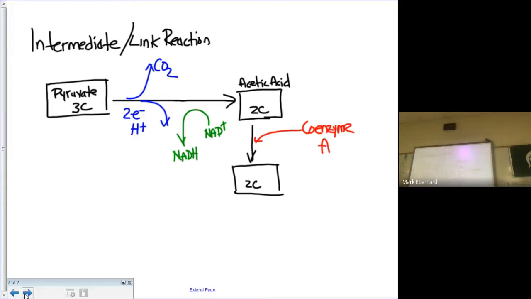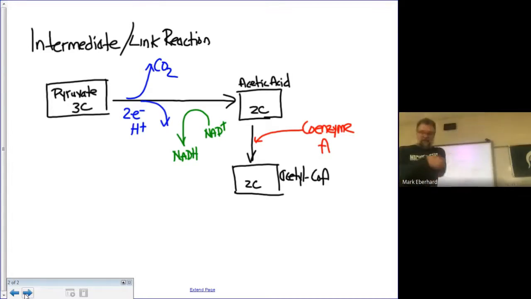And when I add the coenzyme A to the acetic acid, I create a molecule called acetyl-CoA, which is basically acetic acid with coenzyme A attached. So we call it acetyl-CoA, C-O-capital-A, acetyl-CoA.